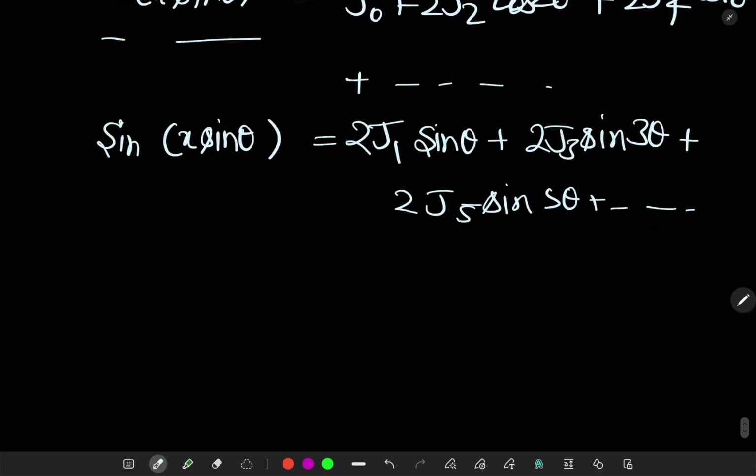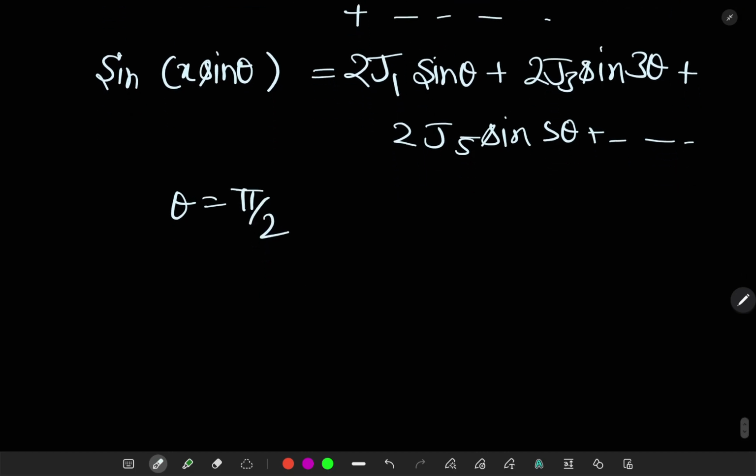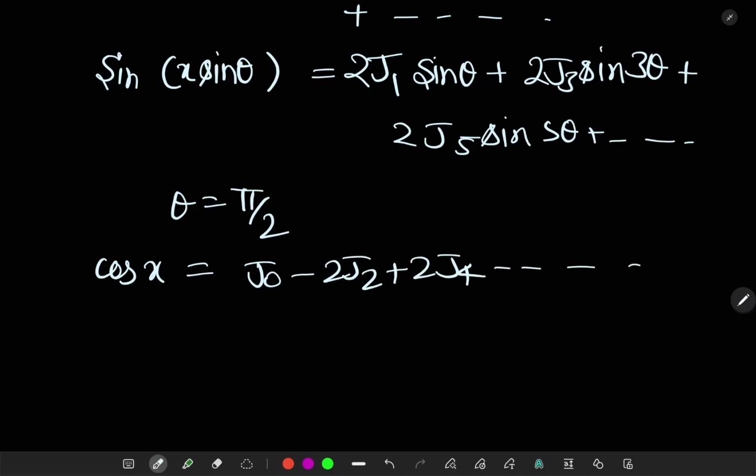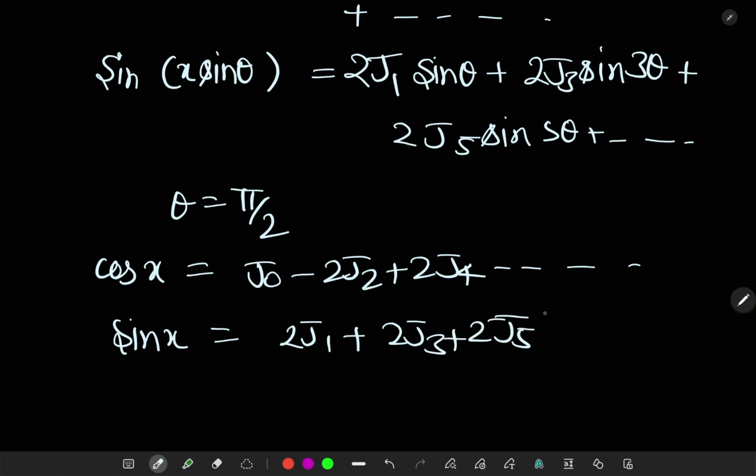If we put theta equal to pi by 2, we get cos x equal to J0 minus 2J2 plus 2J4 and so on. Sin x is equal to 2J1 plus 2J3 plus 2J5 and so on.